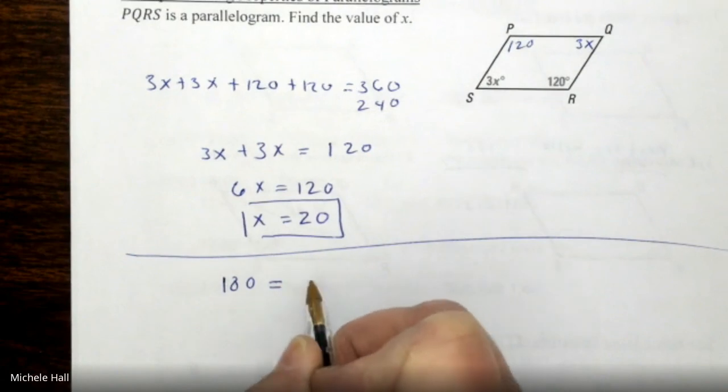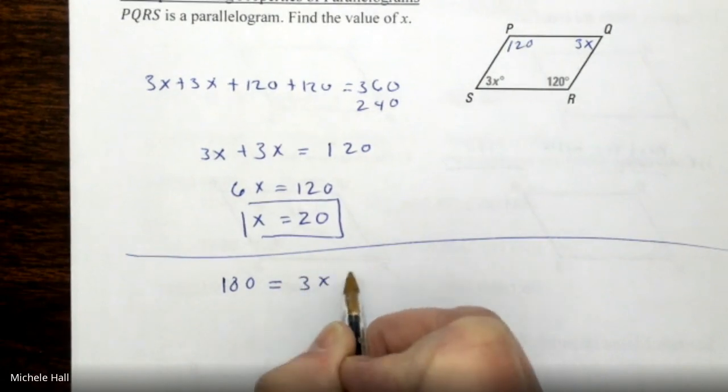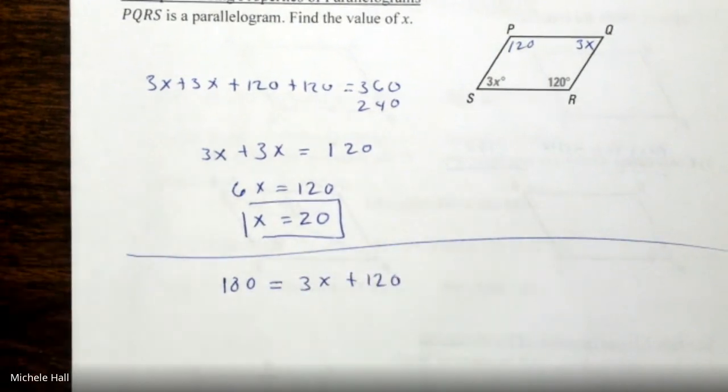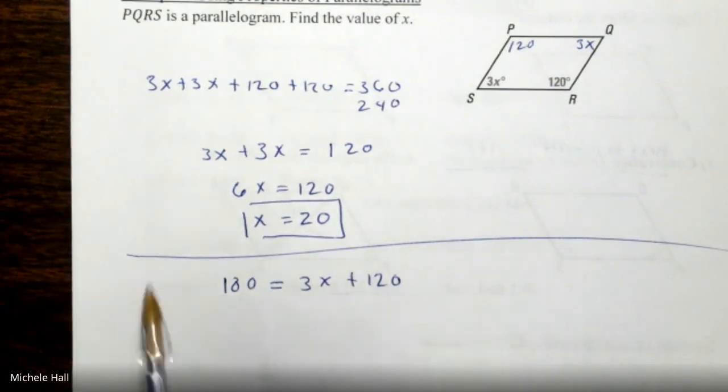Yes, I heard everything you said, but you had to have known that 3x plus 120 before you subtracted 120 and divided by 3. I'm sure you were thinking about the consecutive angles add up to 180. Yeah. Did you write everything down, or did you just kind of, just curious, your answer's correct. Did you write stuff down, or did you just put x equals 20?